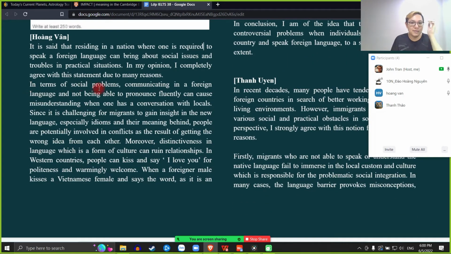So in terms of social problems, communicating in a foreign language and not being able to pronounce, we don't say pronounce fluently, we say pronounce things correctly. Phát âm thì không có chuyện phát âm một cách trôi chảy nha, phải là phát âm chính xác. So correctly.